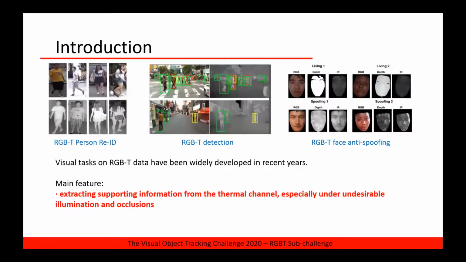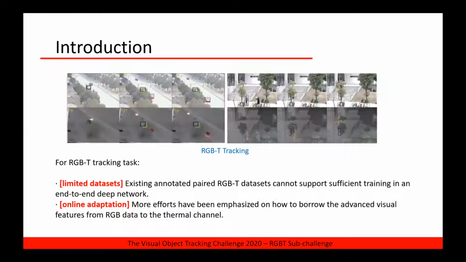First of all, I'd like to briefly introduce the development of some RGBT tasks, including RGBT person ID, RGBT detection, and of course, RGBT face anti-spoofing. Compared with only using the RGB data, these RGBT tasks aim at extracting some complementary information from the infrared channels to support a better pattern retrieval.